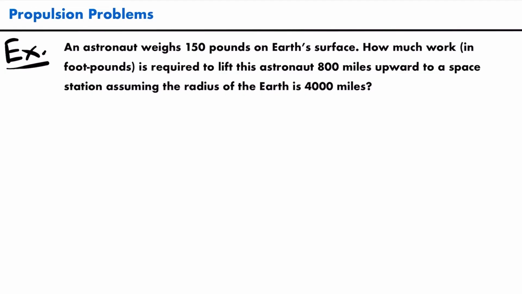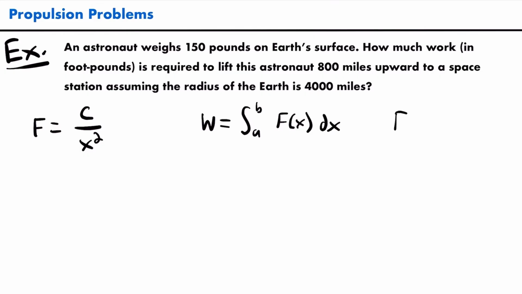And so in this case, we know that we're going to be using the force equation, that force is equal to c, the constant of proportionality, divided by x squared, where x is the radius of the mass that we are propelling from. And in order to calculate the work for this example, we will need to use the formula that the work is equal to the integral from a to b of capital F of x, the force function, times dx, and that force function will be equal to the constant of proportionality divided by x squared.